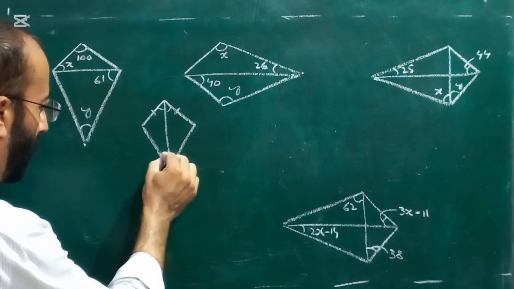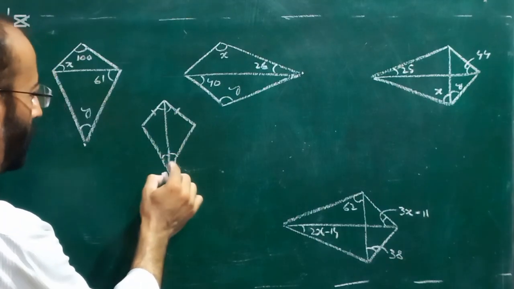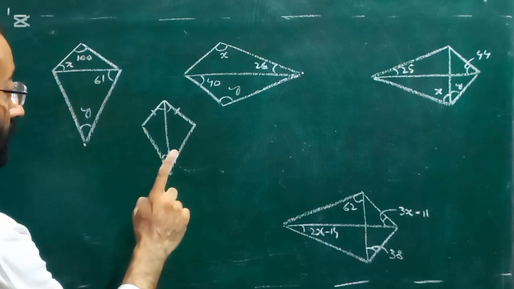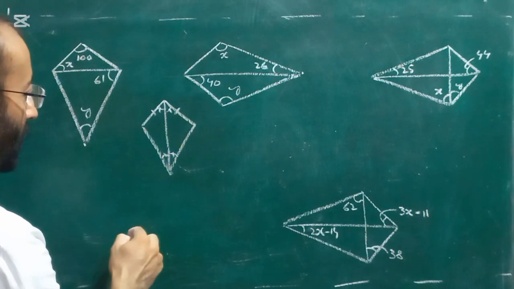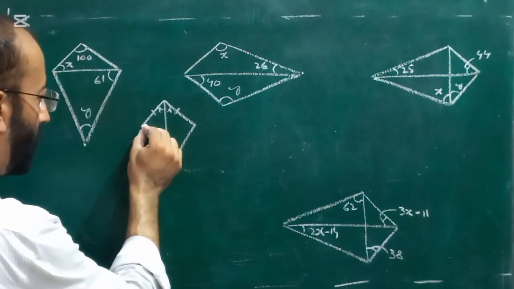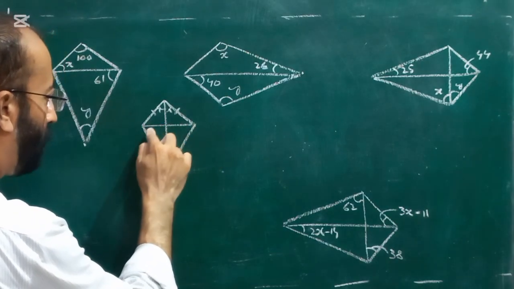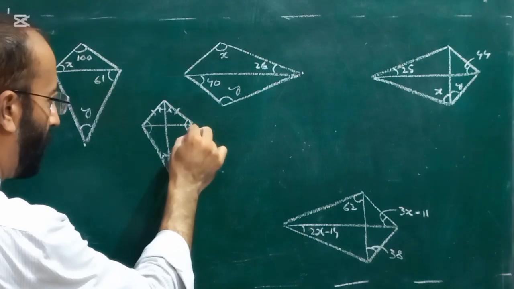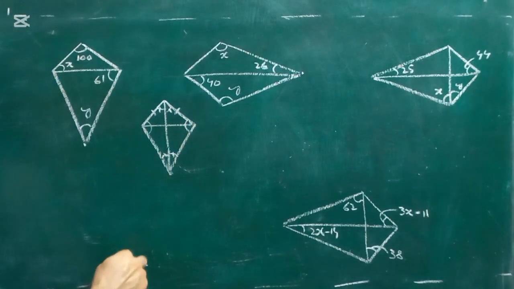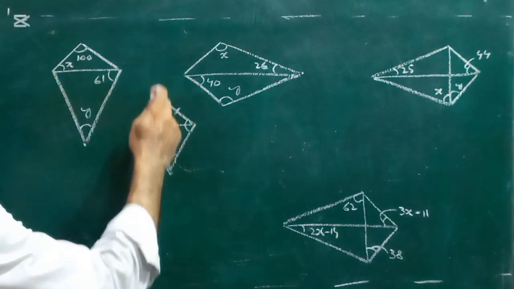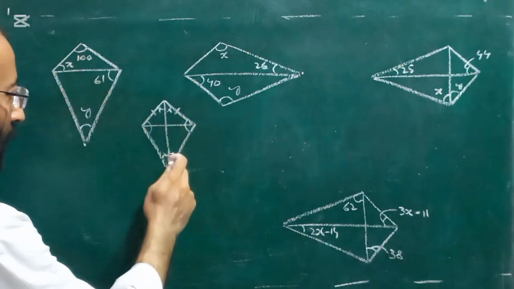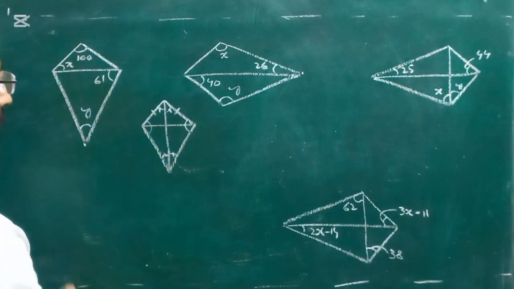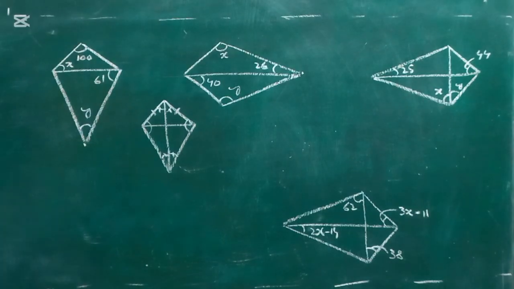Likewise, this angle will also be bisected, but these will not be equal. So this angle will be equal to this angle, and this angle will be equal to this angle. But this diagonal will not bisect these angles. So remember, this is another property: the longer diagonal bisects the angles of the upper and lower side of the kite. So come now, we are going to solve these figures.